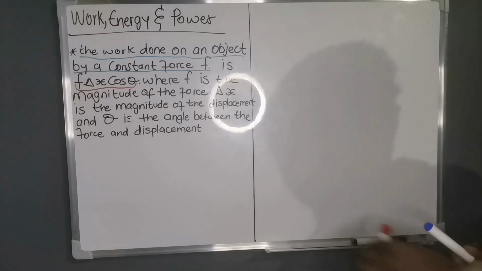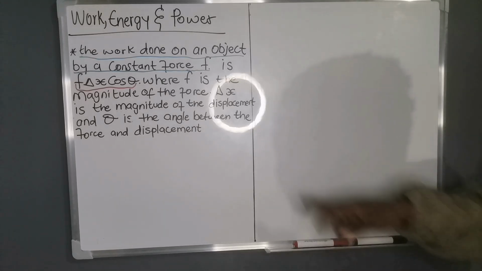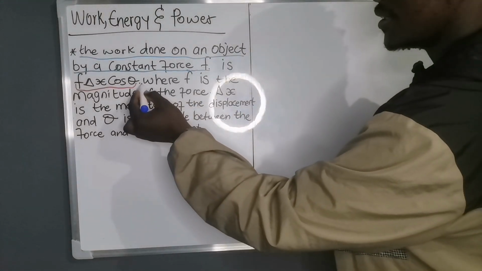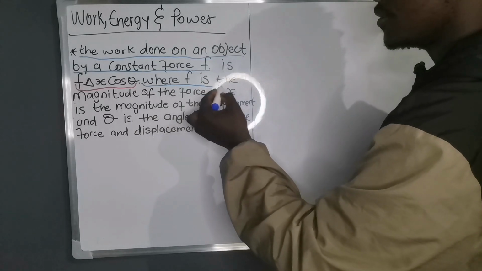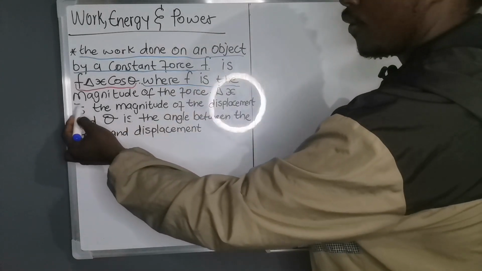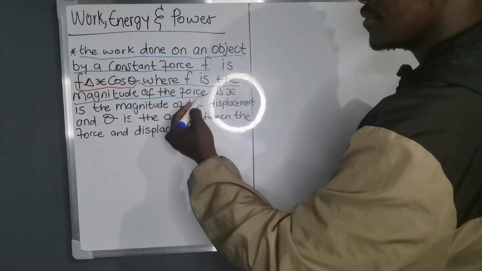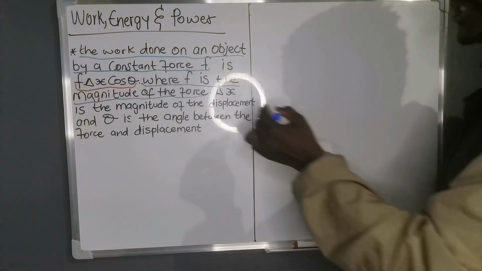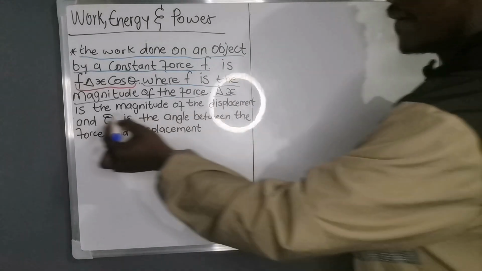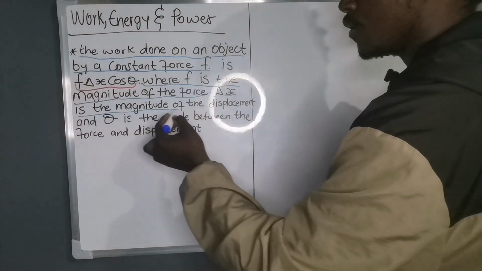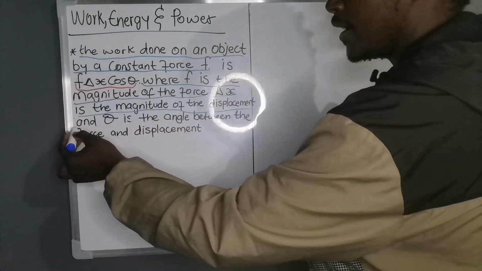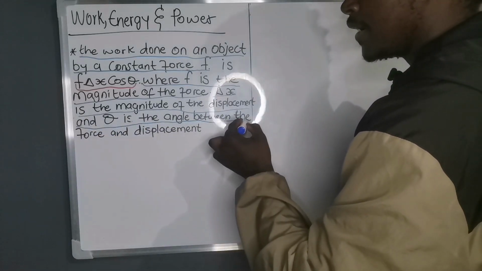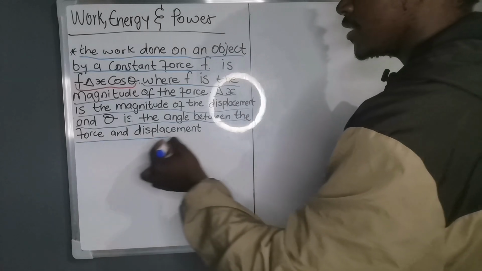Where F is the magnitude of the force, change in x is the magnitude of the displacement, and theta is the angle between the force and the displacement.